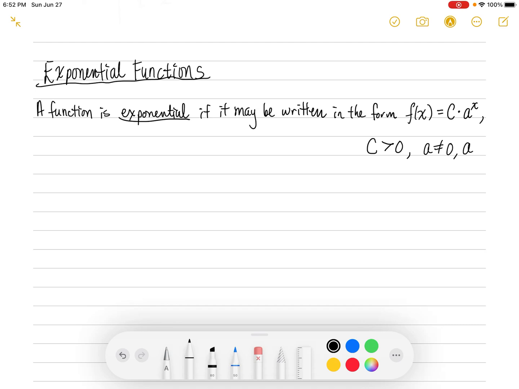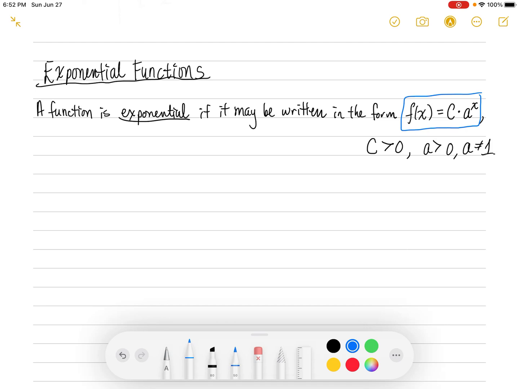And here c should be a positive number, and a should not be 0, and a should be positive. So a has to be positive, and a cannot be 1.